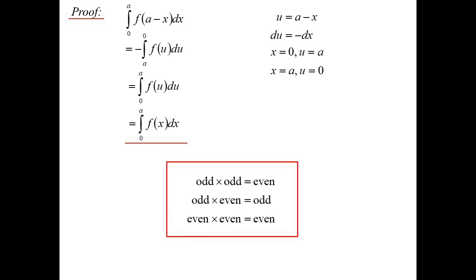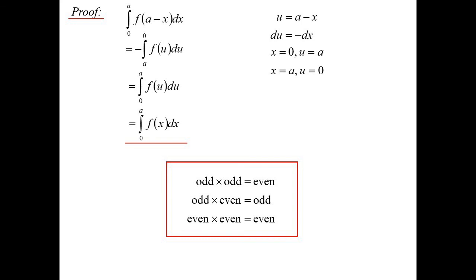When x is 0, u is a, and when x is a, u is 0. Substitute that in, we get minus the integral from a to 0 of f(u) du, but then I can swap the limits and make it positive. And because it's a definite integral, it doesn't matter what pronumeral I use, because we're going to substitute in anyway. So it is the same as the integral of f(x) dx.